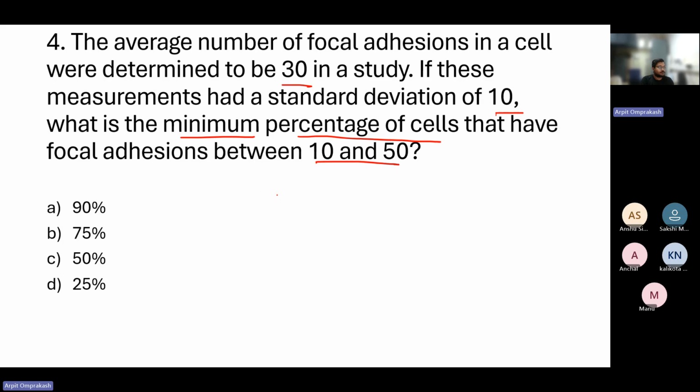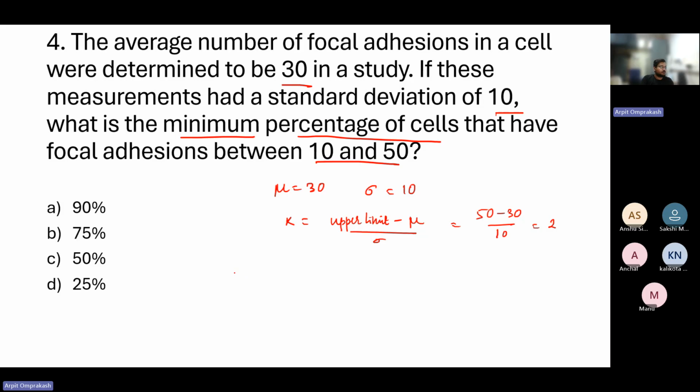First we are given that mu is equal to 30 and sigma is equal to 10. We need to estimate k, which is the upper limit minus mu, divided by sigma. Actually, upper or lower, it doesn't matter. So (50 minus 30)/10, which is 20/10, which is 2. So k here is 2.